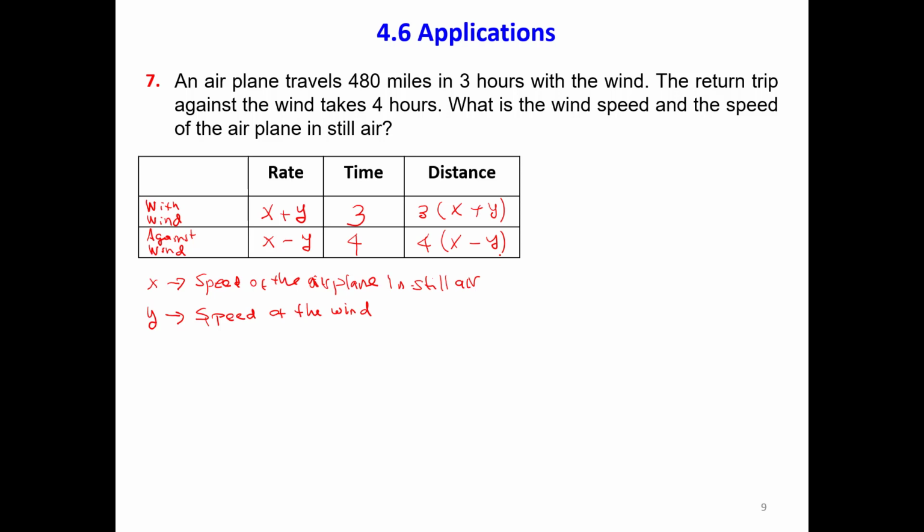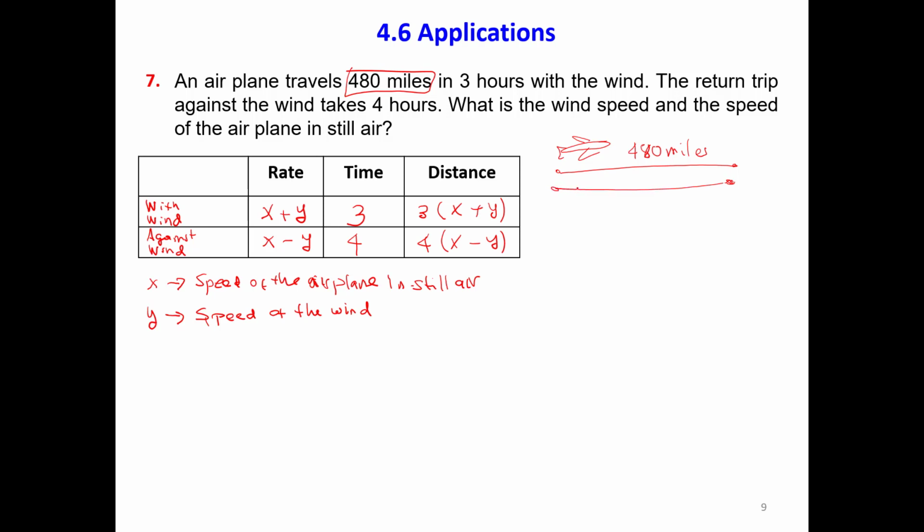Now, because we had two variables, x and y, we need two equations. What we know is that in each case, the airplane travels 480 miles, as this is the total distance. Then we can use that information to write both equations. In one direction, the airplane travels 480 miles, and it's the same thing in the other direction.